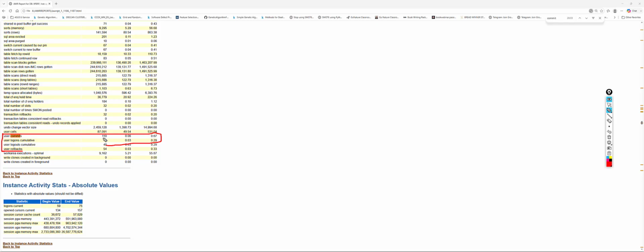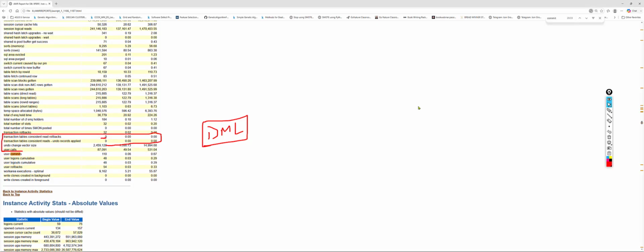In OLAP systems there will be fewer commits compared to OLTP systems. Obviously DML transactions require a commit. If there are a lot of reads, then we don't need a commit or rollback.